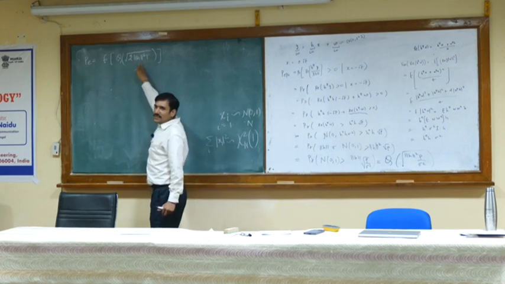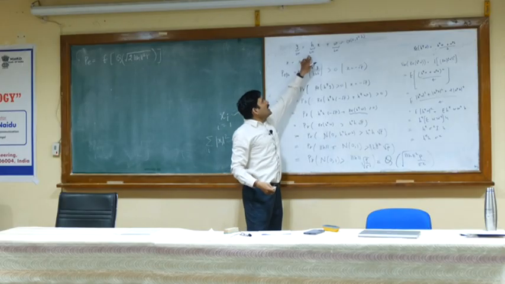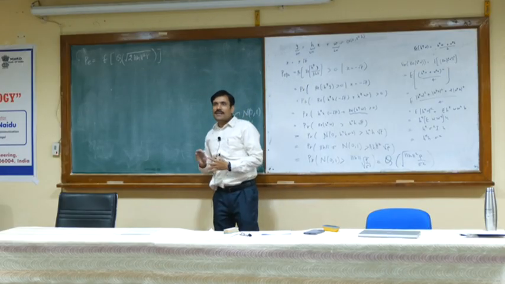Now here h is complex and we have L elements here. So in total we have 2L elements.